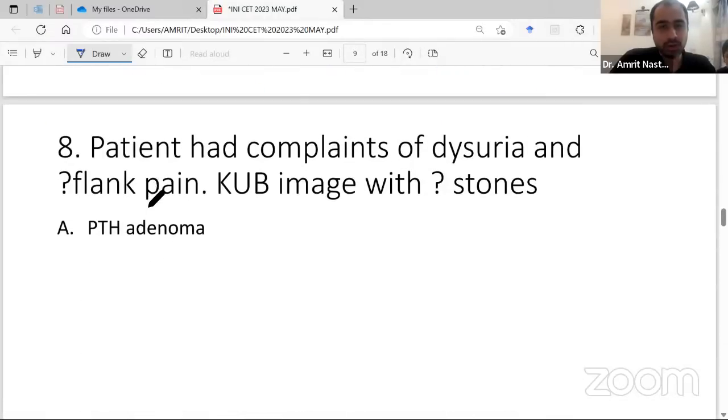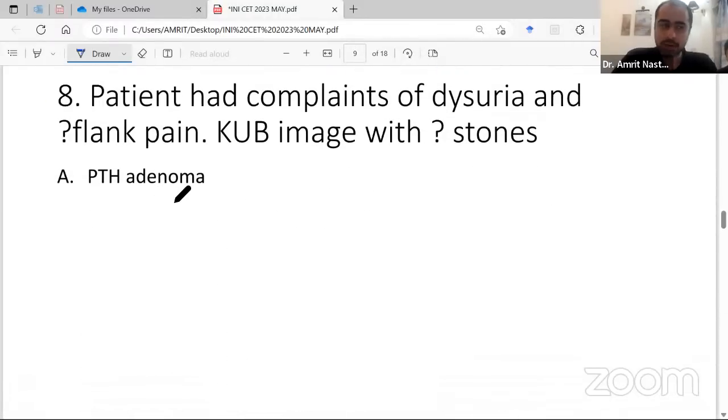So nothing too difficult. This question I don't have a proper recall of, but I hope you can help me over here. Patient had some urinary tract complaints. I think there should be hematuria, but I was told categorically that there was dysuria. Right? There was dysuria and some other symptoms, and there was a KUB image given.